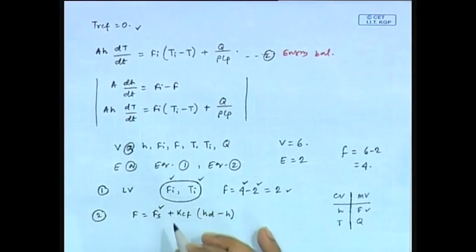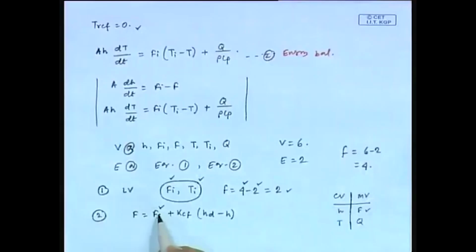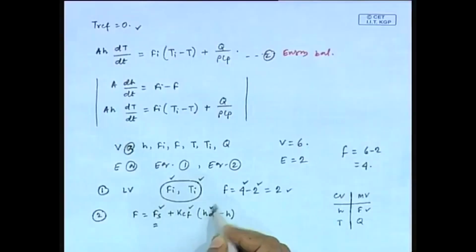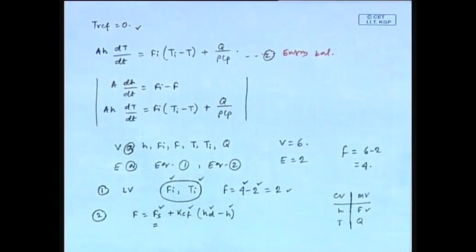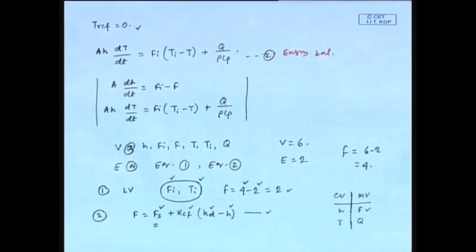Fs is the steady state value of F. Kcf is one tuning parameter, whose value we need to determine, a constant. Hd is the desired value and H is the liquid height. So, this is one additional equation.